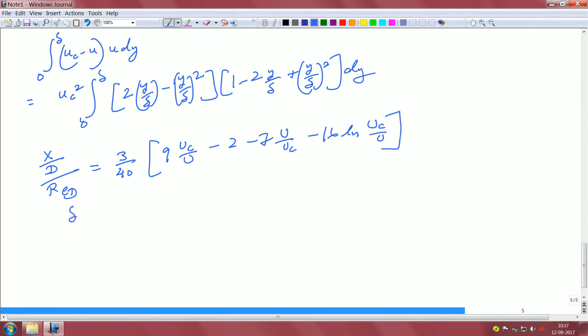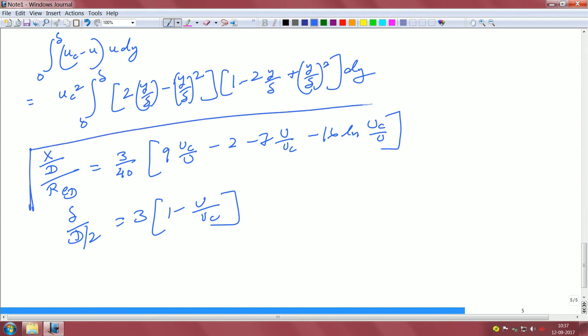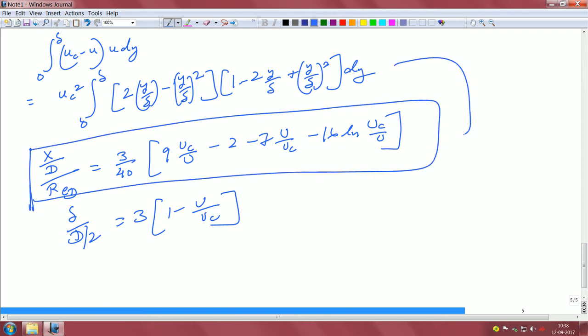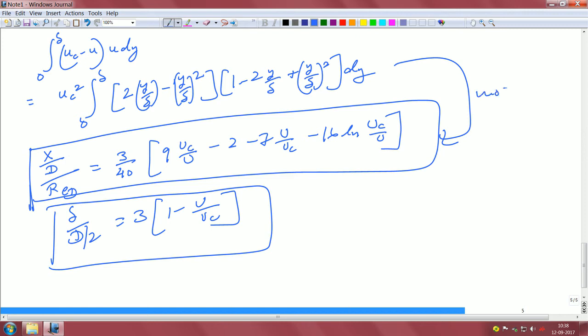We already showed the steps, so this is left as homework. You come from here to here, and we have already shown how to do this. You just use this in the momentum equation. You will get this. There is a little bit of cumbersome math involved.